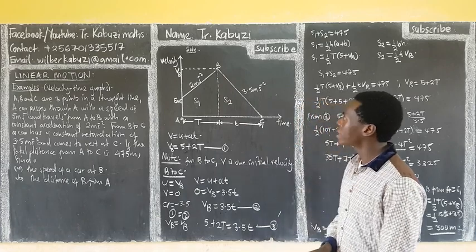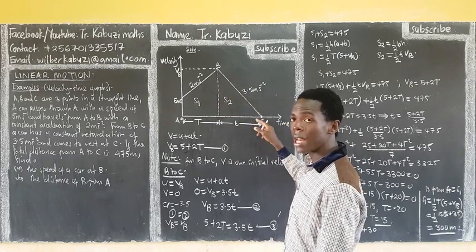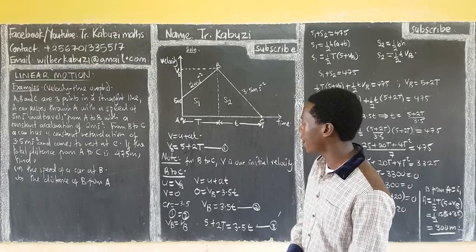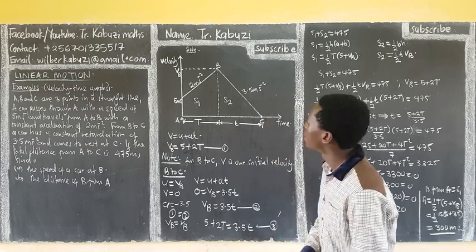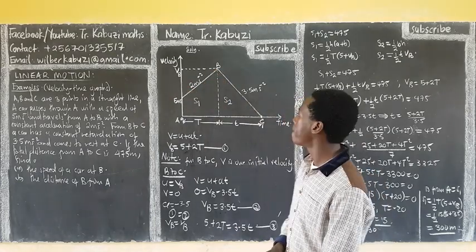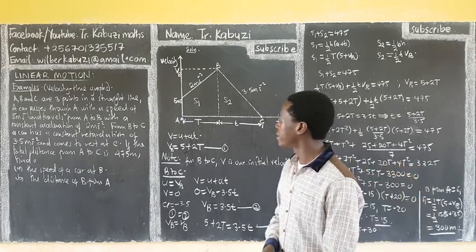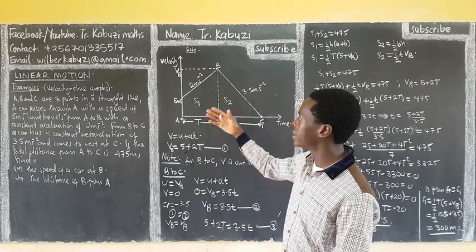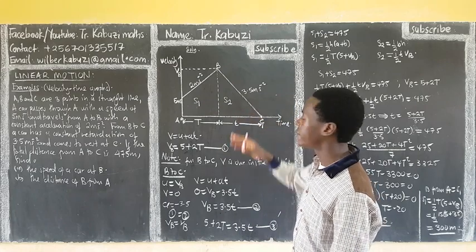So from there, what happens? They're telling us that from here it's accelerating at 2 meters per second squared, then from here it's retarding at 3.5 meters per second squared. Now they're asking us to find the speed of the car at B. So they want the speed of this car at this point B. That's why I'm calling this B. Now, first of all, the total distance, the whole area all over here, is 475.